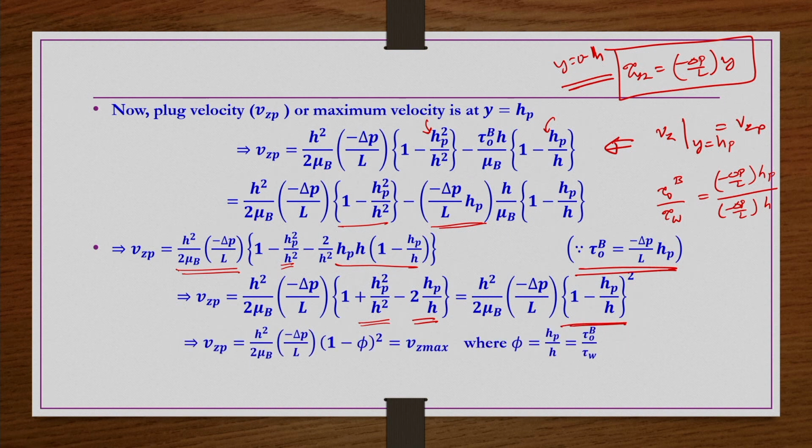So that is Vzp, or Vz max: H square by 2 mu_b, minus delta p by L, multiplied by 1 minus phi, whole square. Phi is nothing but Hp by H, which is nothing but tau_0b by tau_w, which is not known a priori. For a given flow geometry and flow conditions, it is not known.